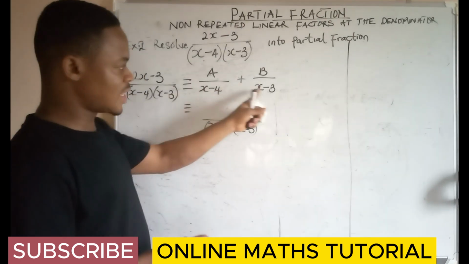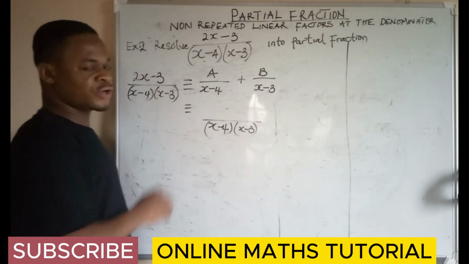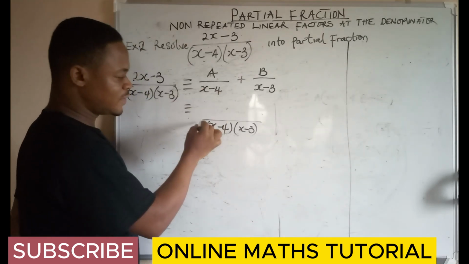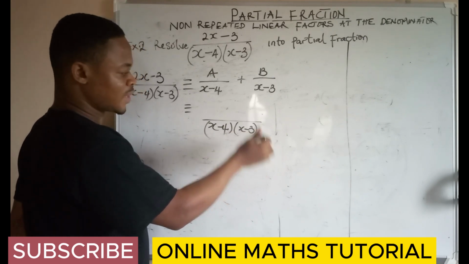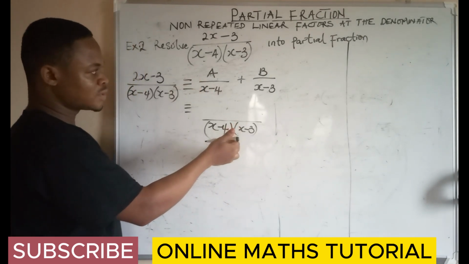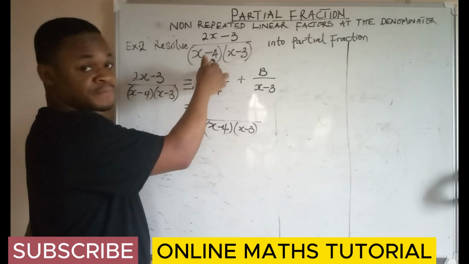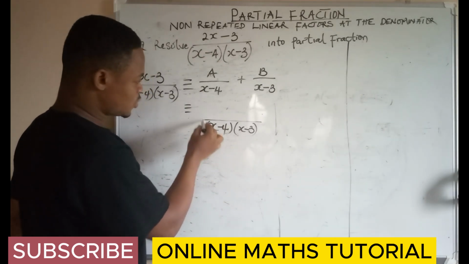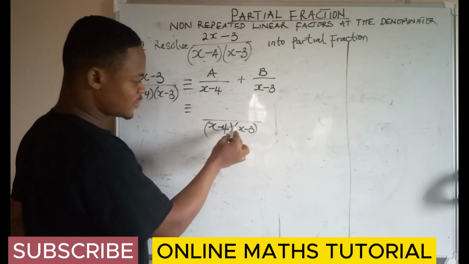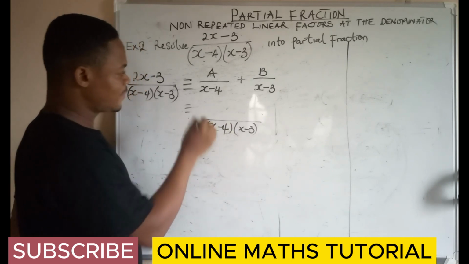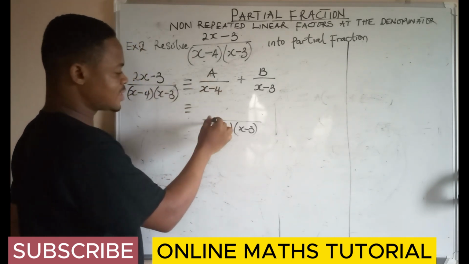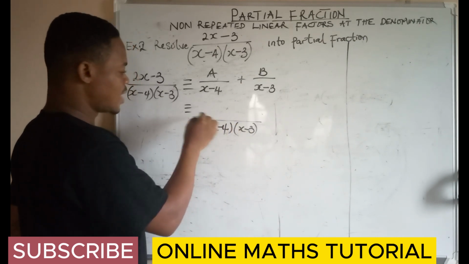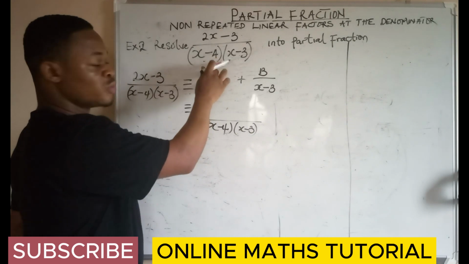In addition of fractions, we use the denominator to divide the LCM, and the result we now use to multiply the numerator. So if x minus 4 divides here, it will cancel this, and we'll be left with x minus 3, and x minus 3 times the numerator.